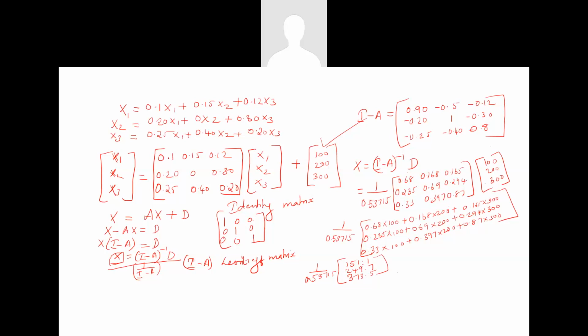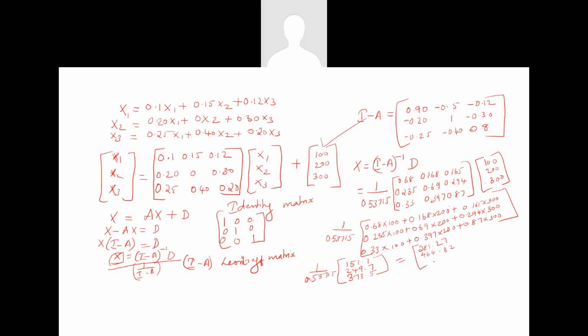Now, we have got a column vector and each of these values must be divided by 0.53715, that is 151.1 by 0.53715. So you get 281.27. Then again 249.7 divided by 0.53715, you get 464.82.